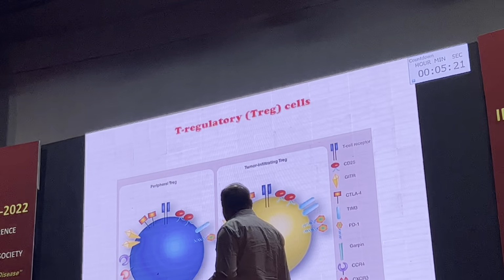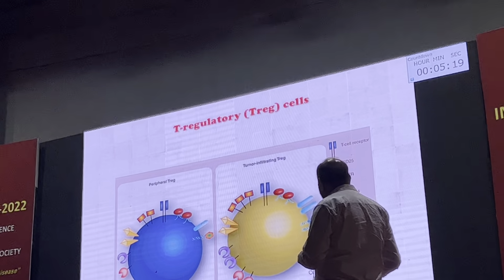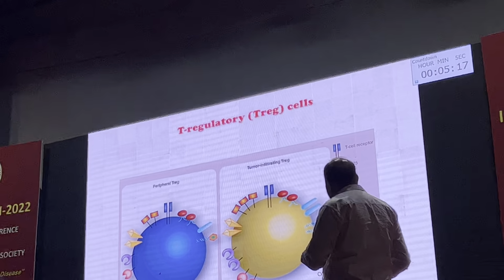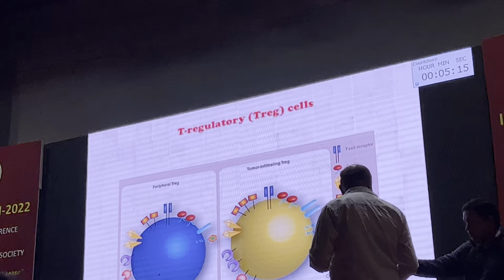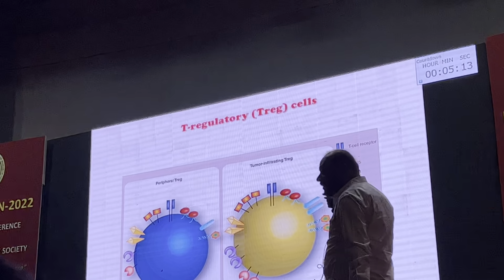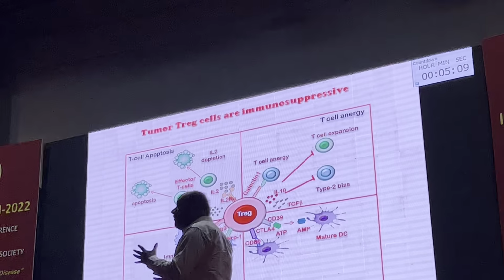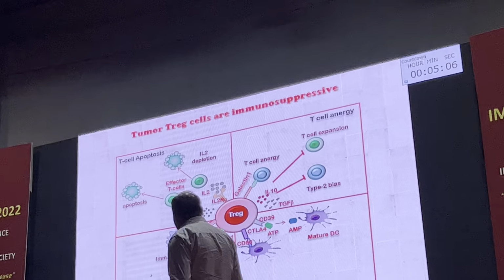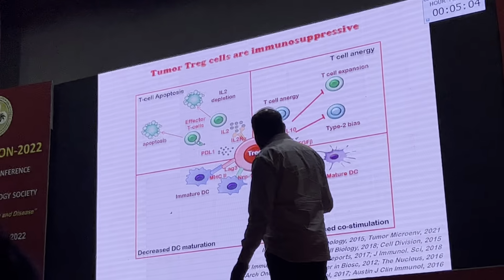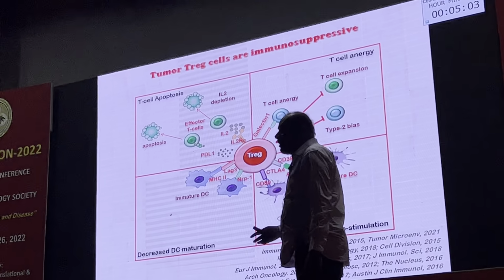So we have found that these are the peripheral T regulatory cells and these are the tumor T regulatory cells. They are quite different from the peripheral T regulatory cells, and they are really immunosuppressive because they perform all sorts of functions that suppress our immune system.